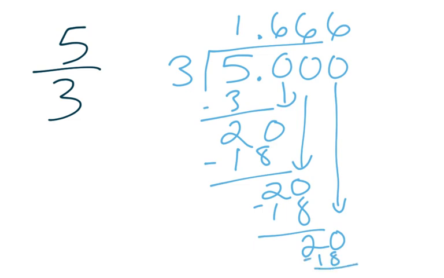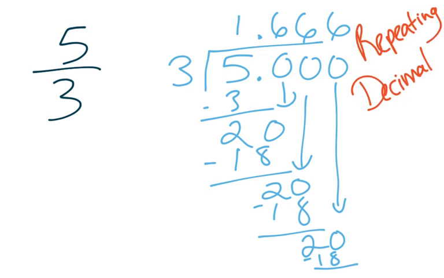This is called a repeating decimal because either the same number or the same pattern of numbers, like here, 1 and 8, 2, 8, 2, 8, 2, and on and on and on.